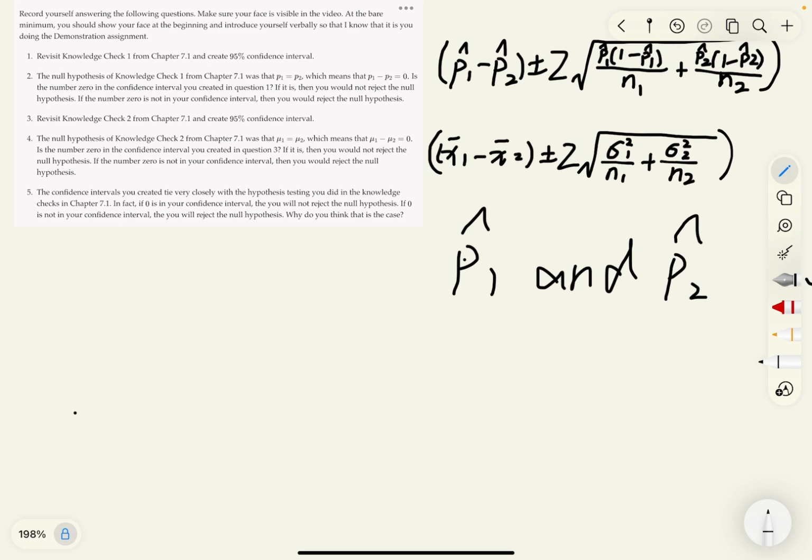To create a 95% confidence interval for the difference between two means using a two sample Z test, follow the steps outlined in example 7.1.